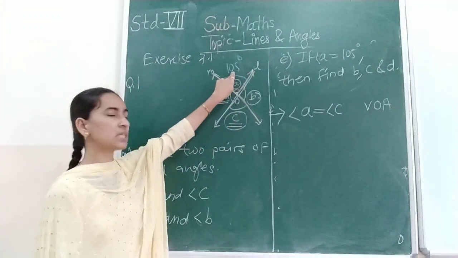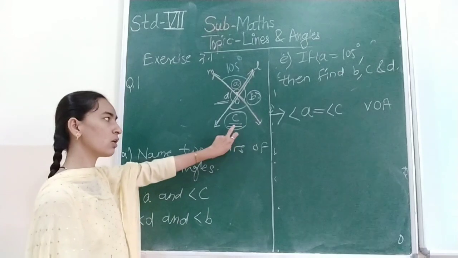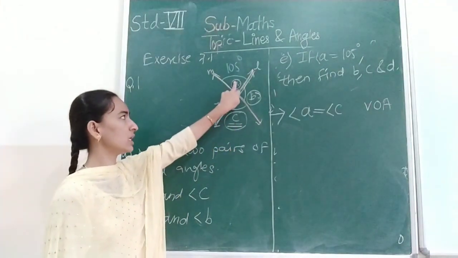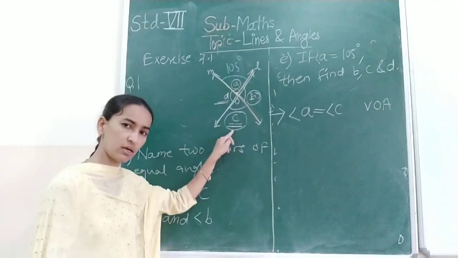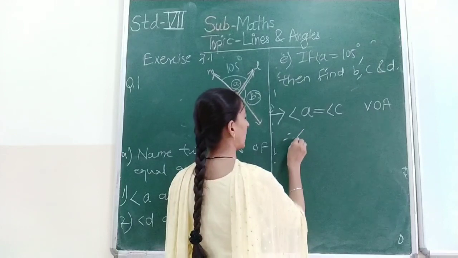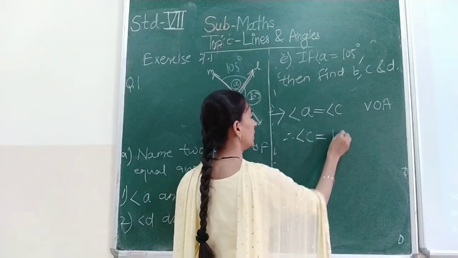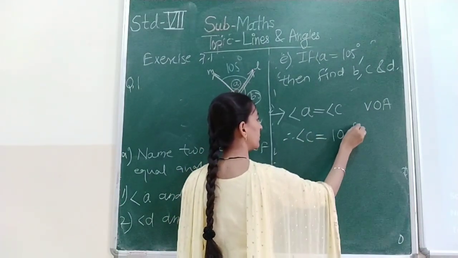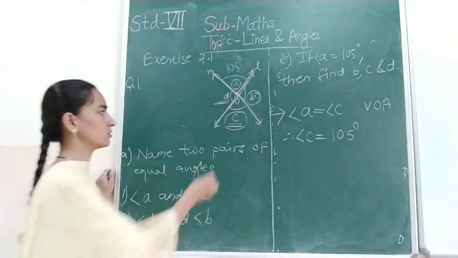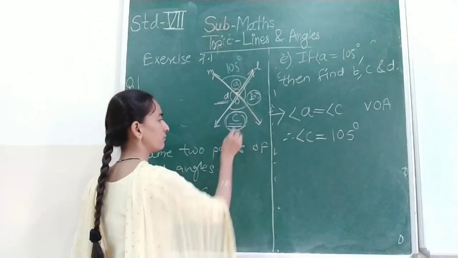Whatever the degree of this angle, the degree of this angle will be the same. So if angle A is 105, angle C will be 105 degrees. Understand this? So this will be 105.